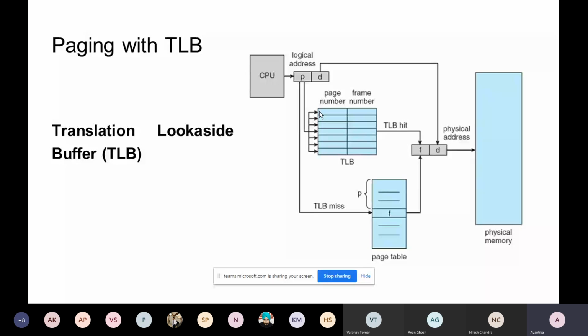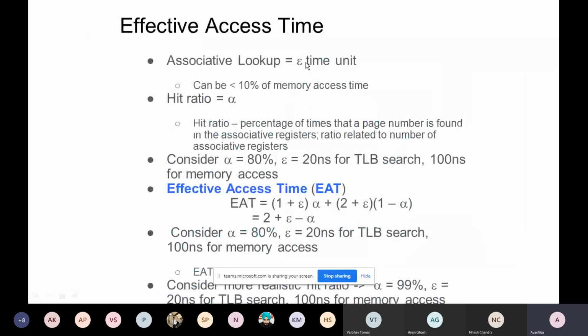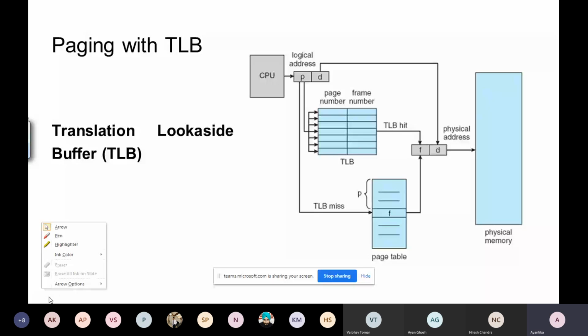Whenever your CPU generates a particular page number, you have to maintain a huge search technique. That means there will be a huge table from where you have to search your page to frame mapping, and then supply that to your physical memory part. But that is very costly.